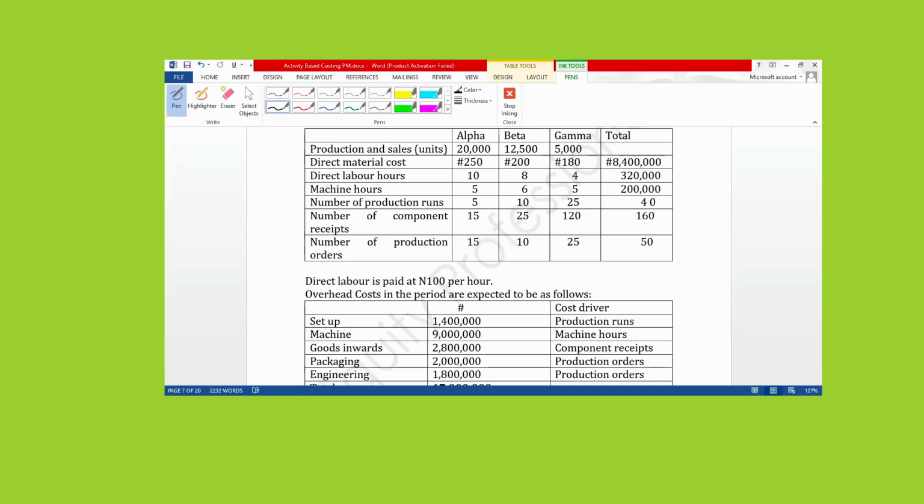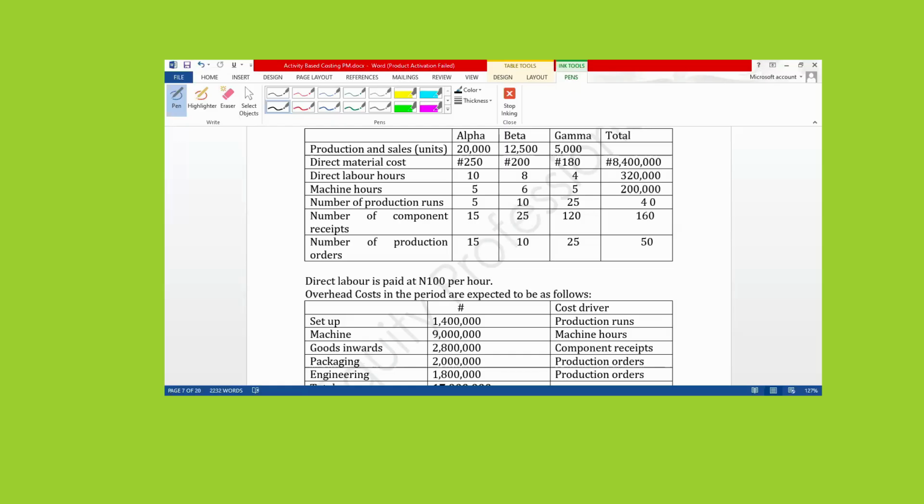You are not going to multiply component receipts by number of units manufactured, so that you don't get confused.